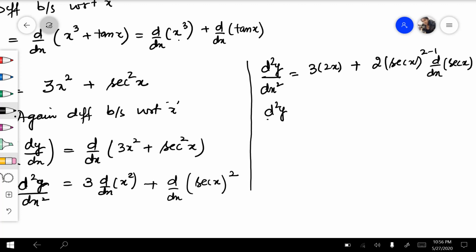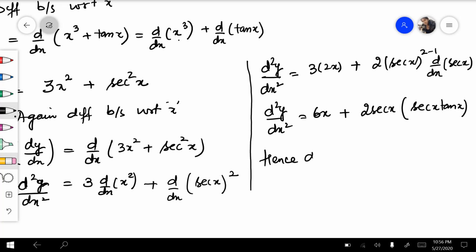That means d2y upon dx square is equal to 6x plus 2 secant x, and the differentiation of secant x is secant x into tan of x. So hence this is our final answer: d2y upon dx square is equal to 6x plus 2 secant square x into tan of x.